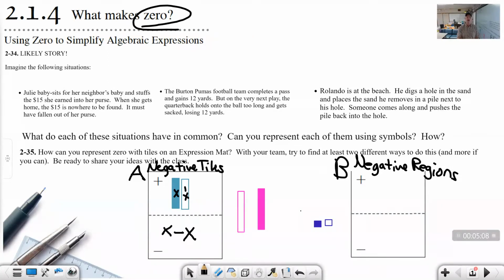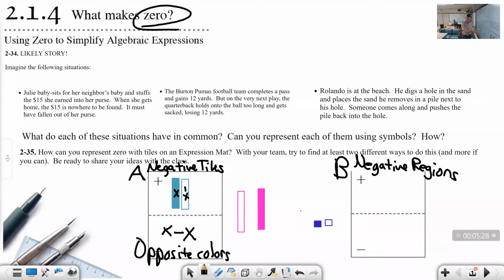Positive tile, negative tile. Notice they are opposite colors. Same shape, same size, but opposite colors in the same region.